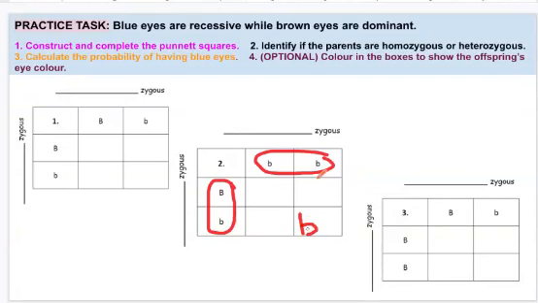So the question actually asks, color the boxes to show the offspring's eye color and calculate the probability of having blue eyes. So blue eyes are recessive, it's a recessive trait. So the only Punnett square area that you would have those 2 recessive alleles that would be able to then express the blue color would be down here, because this guy here is going to be in this box and also this box with the lowercase.